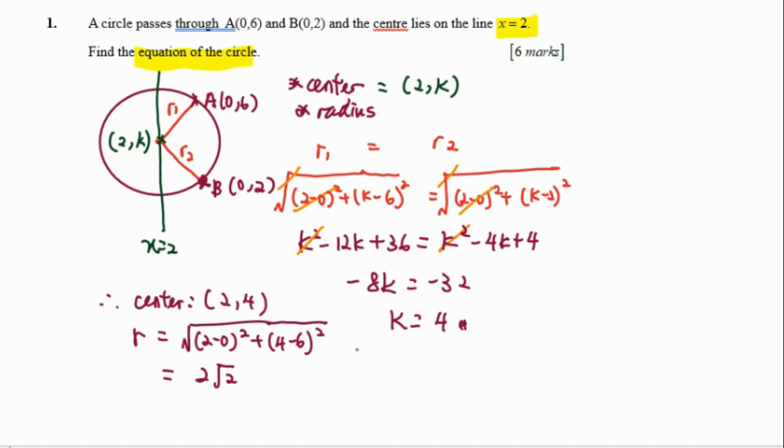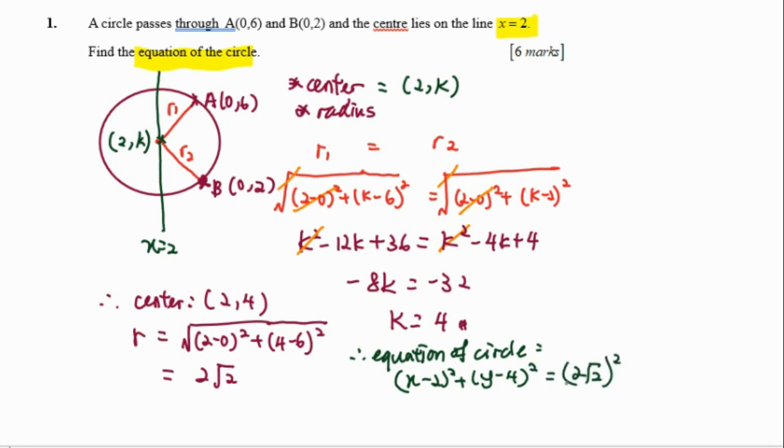Finally, we answer that the equation of the circle is (x minus 2) squared plus (y minus 4) squared equals radius squared. I will give my answer in standard form, where (2 square root 2) squared equals 8. So that will be our equation of the circle.